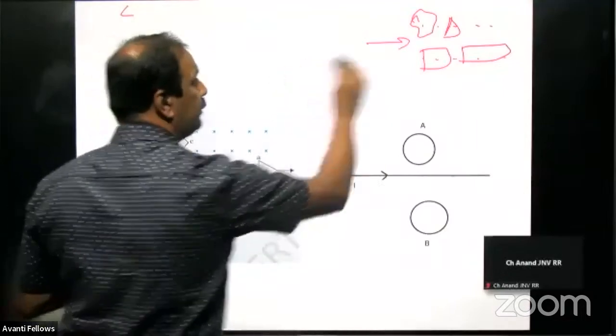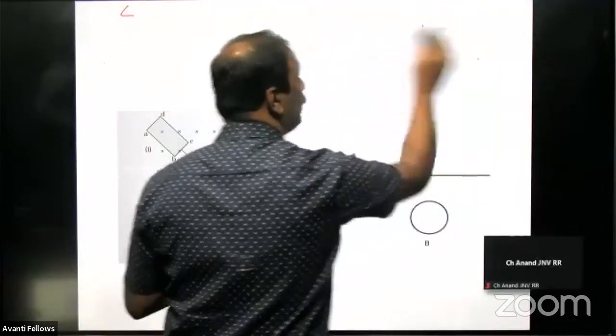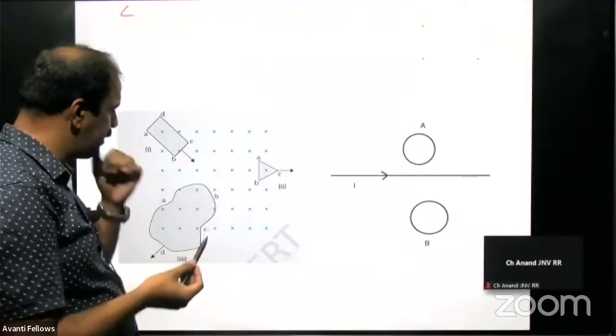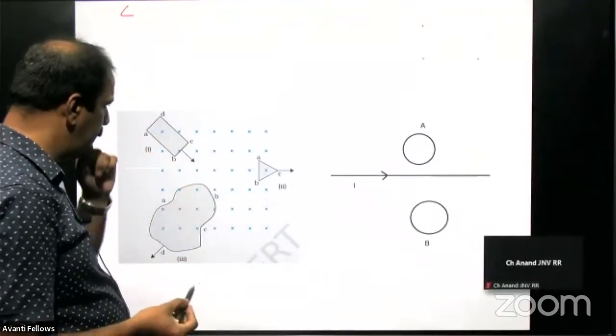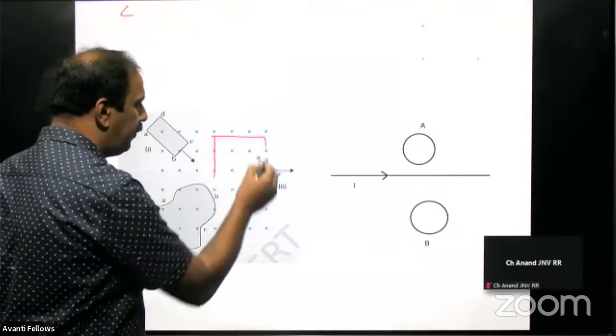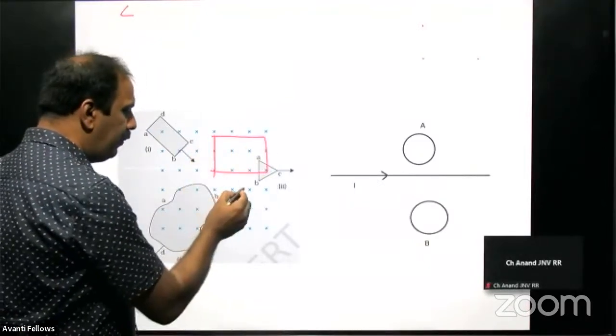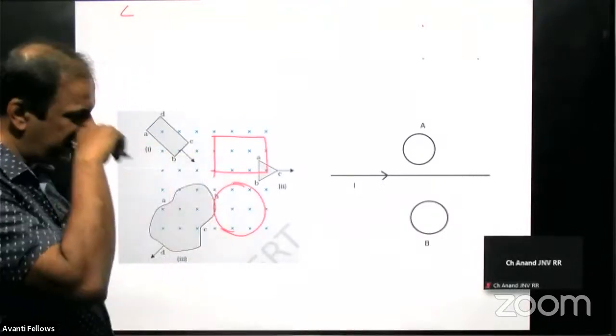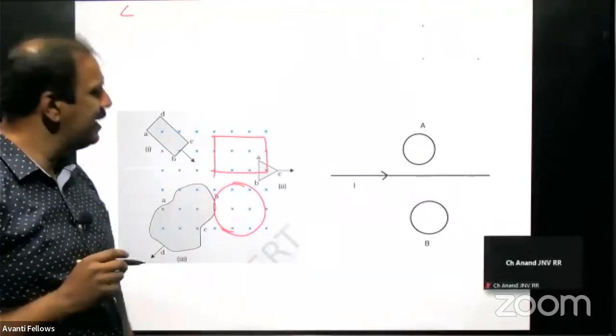Now, you see here, this is a uniform field itself. You forget about these shapes. I have a shape which is a square. And I have a circle also. Let it be of the same area. The circle and the square have the same area.